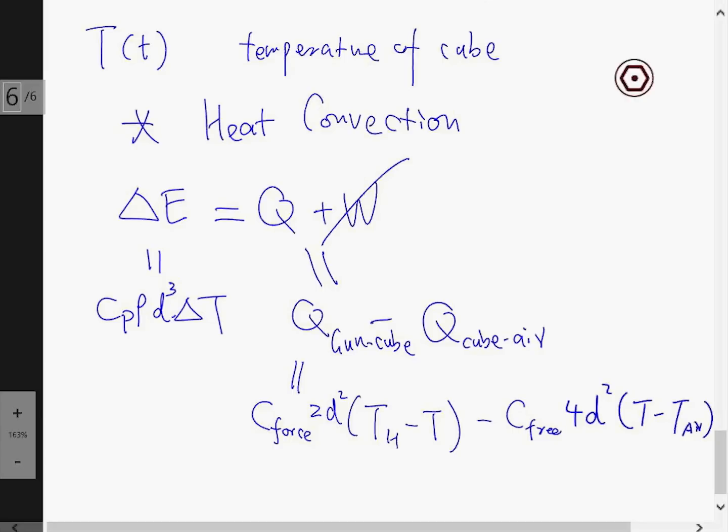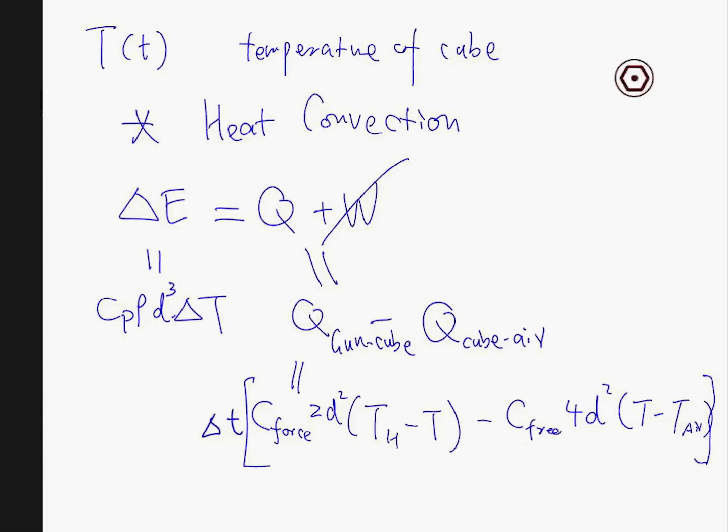And this is the rate of heat convection. Now we multiply by the delta of time, and we get the amount of heat that went into the cube during a small time unit.